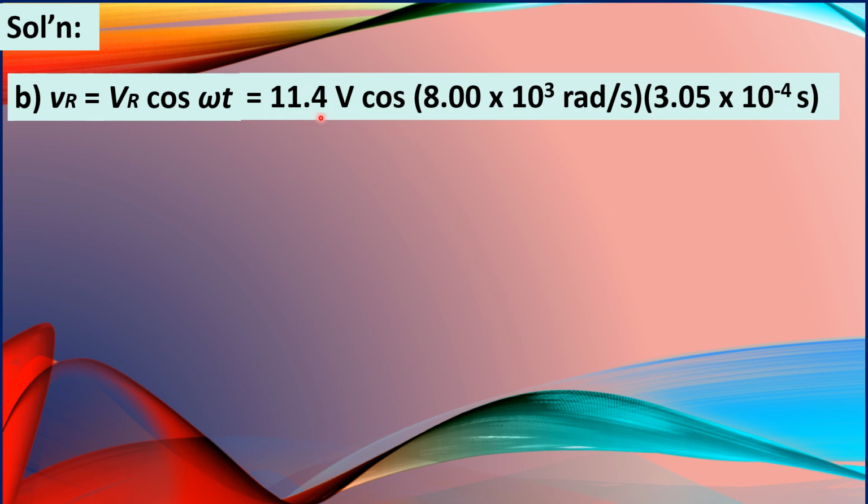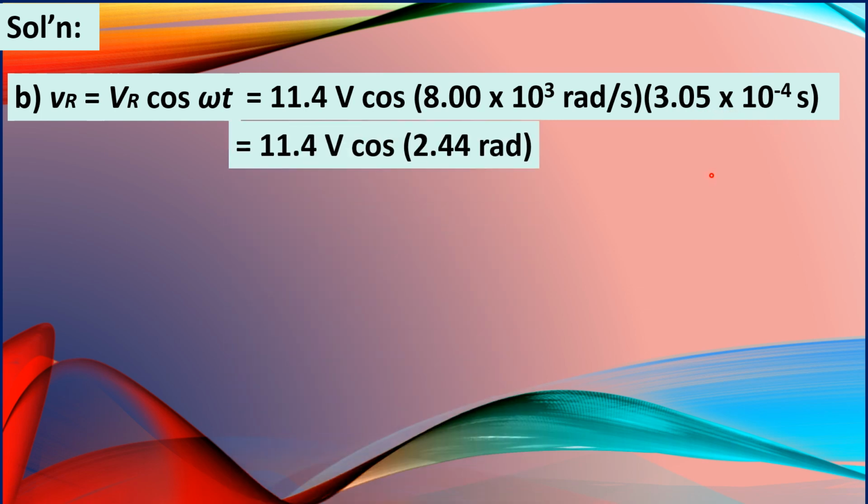Substituting, we have 11.4 volts multiplied by the cosine of the angle 8.00 times 10 to the third power radian per second multiplied by the given time, which is 3.05 times 10 to the negative 4 seconds. Simplifying, we get 11.4 volts times the cosine of the angle 2.44 radian, which, when simplified further, is equal to negative 8.71 volts.